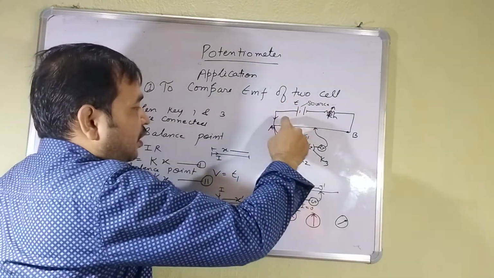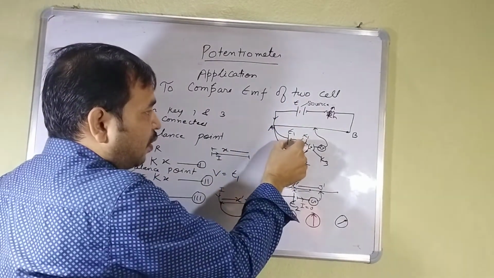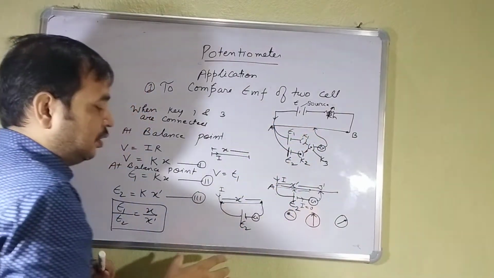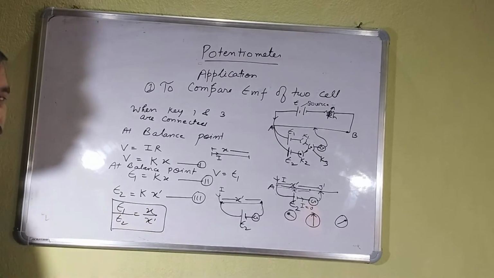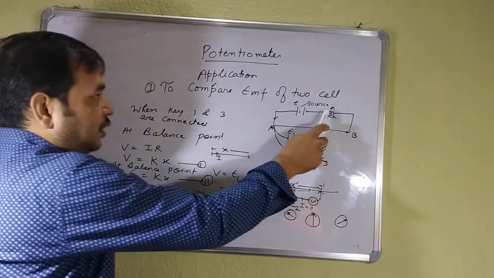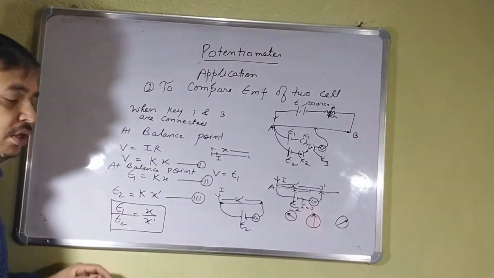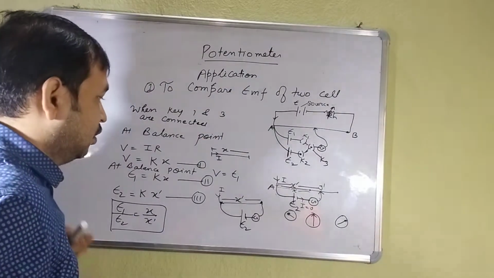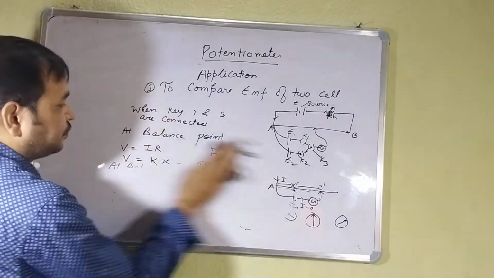If you change the current, you will get a different length for E1 and a different length for E2. So this is the formula on which we are doing the experiment. We take different readings by changing the current through this rheostat, and we find the value of E1 by E2. Okay, next.